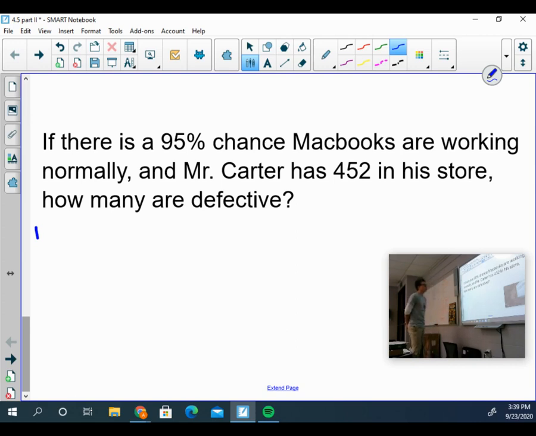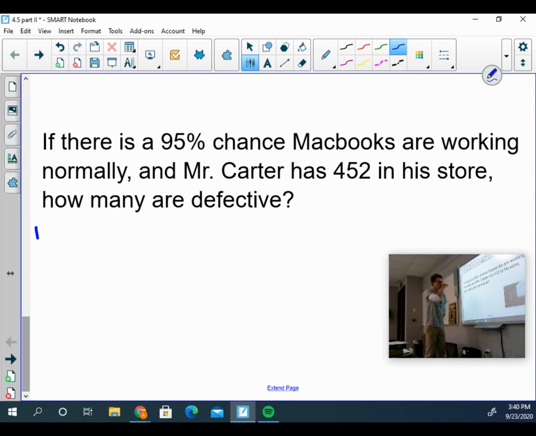And Mr. Carter has 452 in his store. How many are going to most likely be defective? There's a 95% chance MacBooks are working normally, and Mr. Carter has 452 in his store. How many are defective? Okay, pause the video. Try and figure it out.